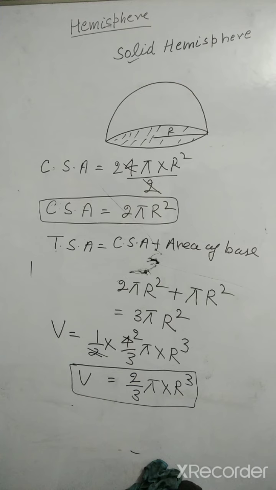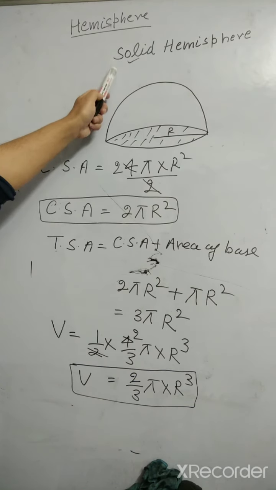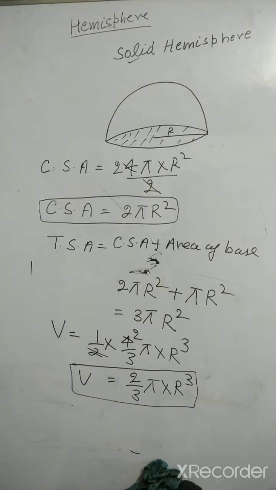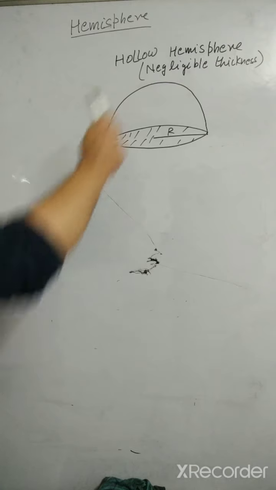Now after this I'll tell you how to find the curved surface area, the total surface area and the volume of a hemisphere. This time we will not take solid, we will take what? Hollow hemisphere, right? Now this is a hollow hemisphere with negligible thickness.